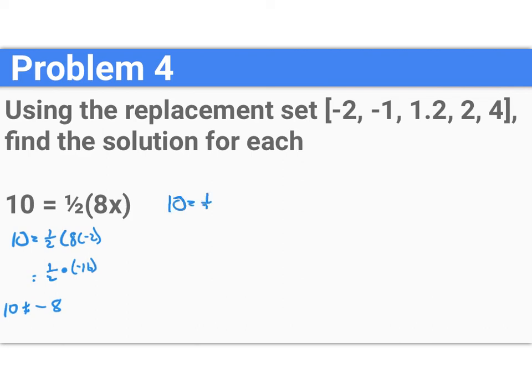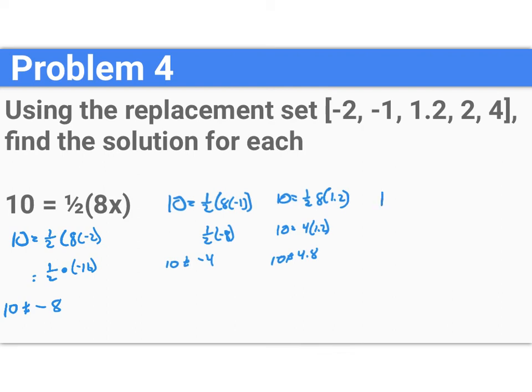Let's see if we get 1/2 of 8 times -1. 1/2 of -8 is -4, does not equal 10. 10 equals 1/2 of 8 times 1.2. 4 times 1.2 is 4.8, which does not equal 10.